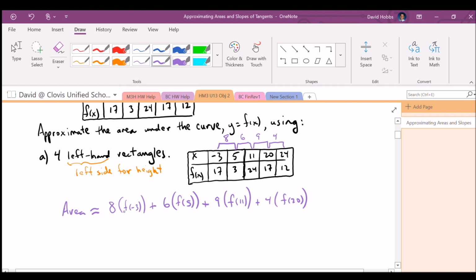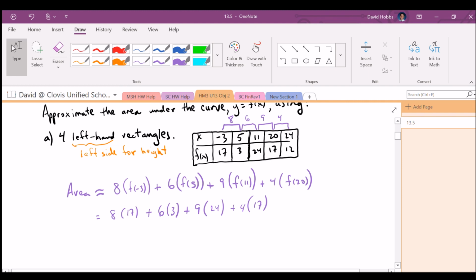We're using the left-hand side for each subinterval. Okay, so we have 8 times, well, f of -3 is 17, and f of 5 is 3, and f of 11 is 24, and f of 20 is 17.